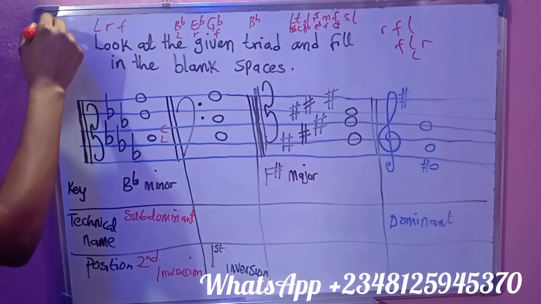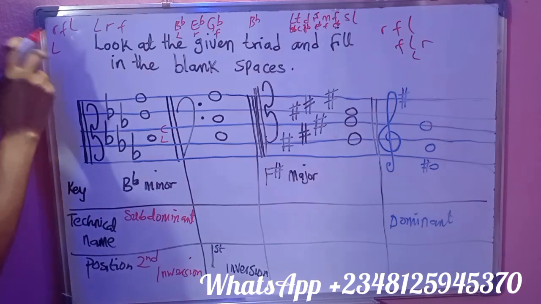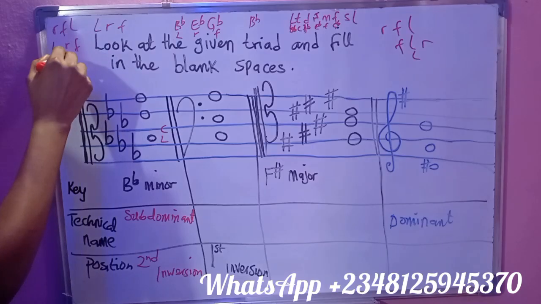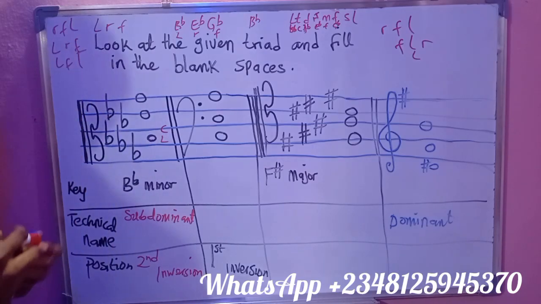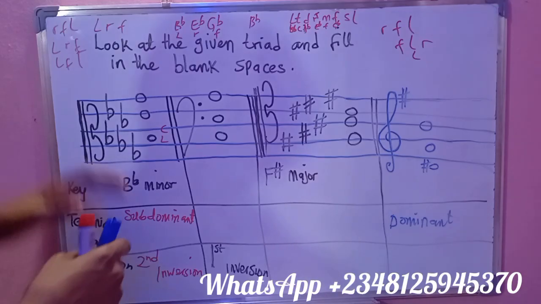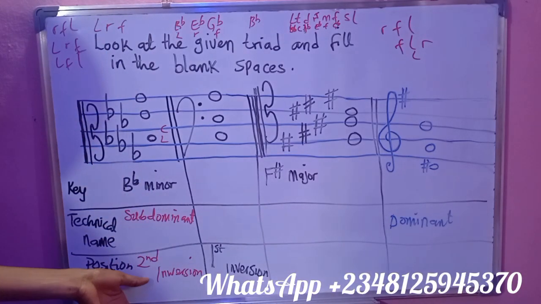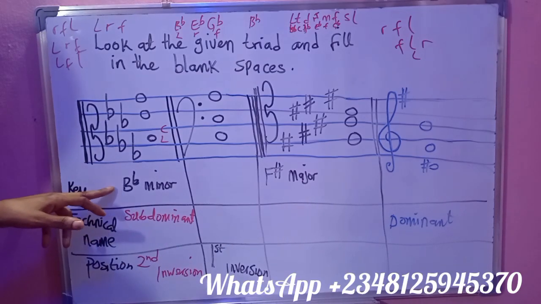Second inversion of chord 4 is this Re, Fa, La, with La at the bottom. It can be La, Re, Fa, or La, Fa, Re, whatever. But the most important thing is the bass note. So we've finished this one. We've seen that it's the second inversion of chord 4 in the B flat minor scale.